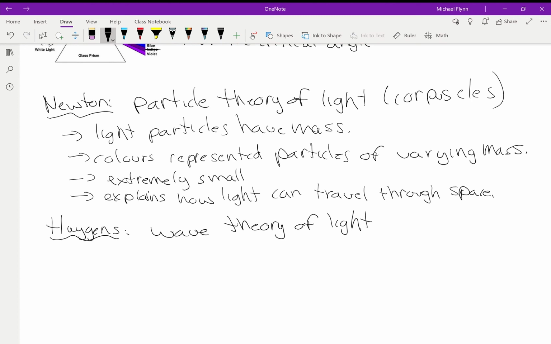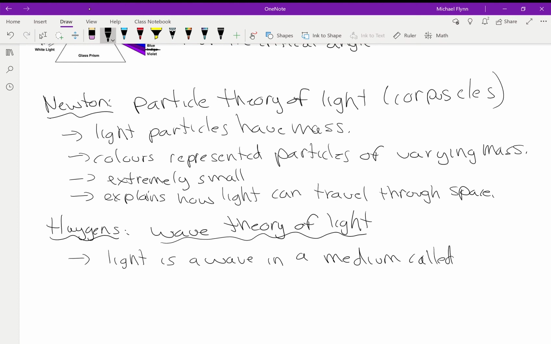So waves, the thing about waves is that they do require a medium. Something has to be waving. Water waves require water. Sound waves require air. There's no sound in outer space because there's no medium to carry the sound. So anyway, Huygens had this problem, but he still proposed a wave theory. Light is a wave, and he proposed a mysterious medium called ether.